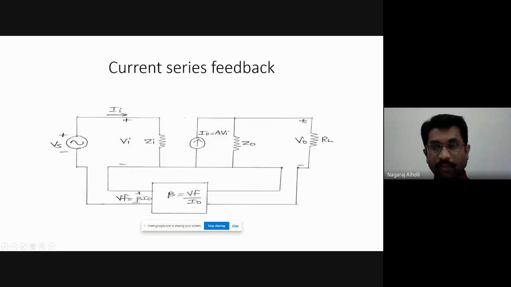Then we are applying a voltage source across the output terminals to find the impedance at the output side. RL we are removing, and we are applying the voltage across the output terminals.